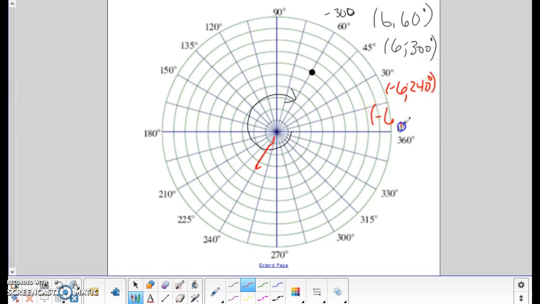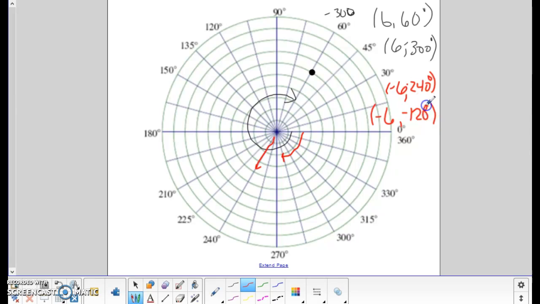If I use a negative angle, it's -6, and I'm going to measure the angle this way. See, down to the bottom would be -90, so it's going to be -120 degrees. Now, these are all in degrees.